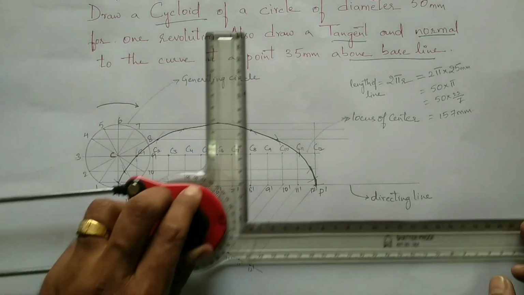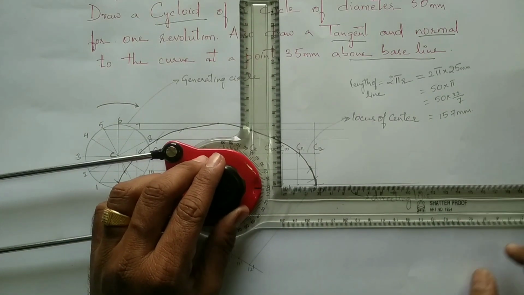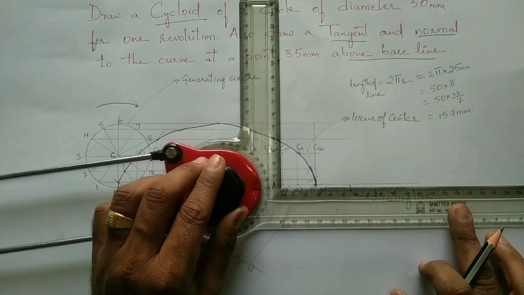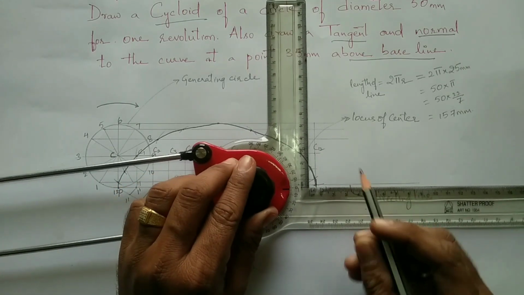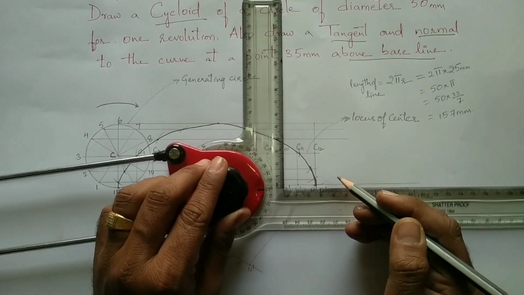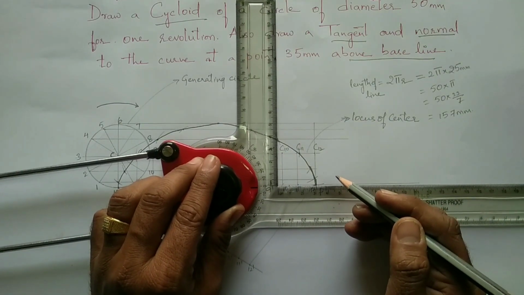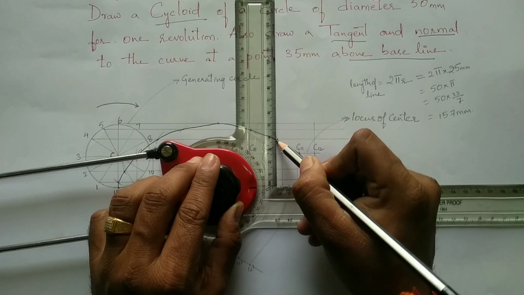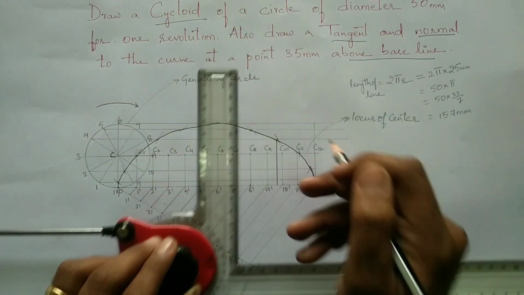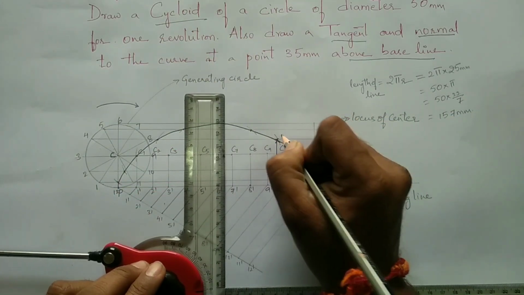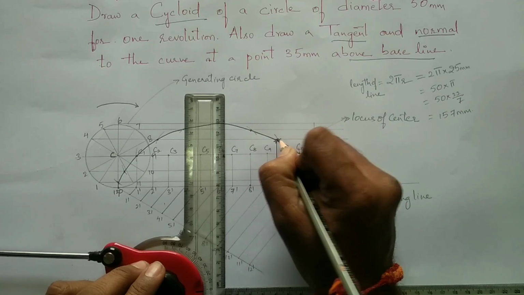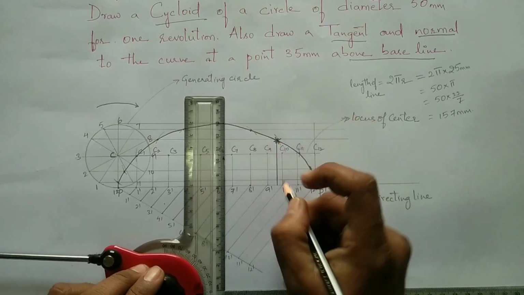Now, taking your drafter scale, measure the distance such that a 35 mm distance line touches the base. So here is my point. I am marking it here. This is the point.